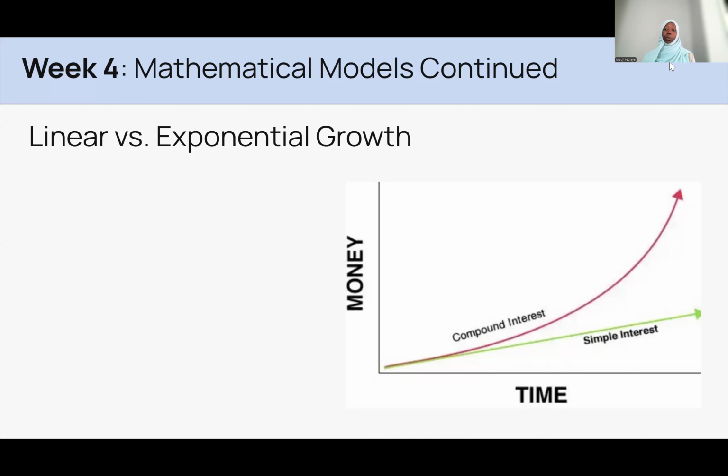But over time, we can see that the gap between the red curve and the green curve is getting very, very wide. In the very beginning, it seems like there's not much difference, but at some point, the red curve just takes off, and that's just exponential growth versus linear growth.